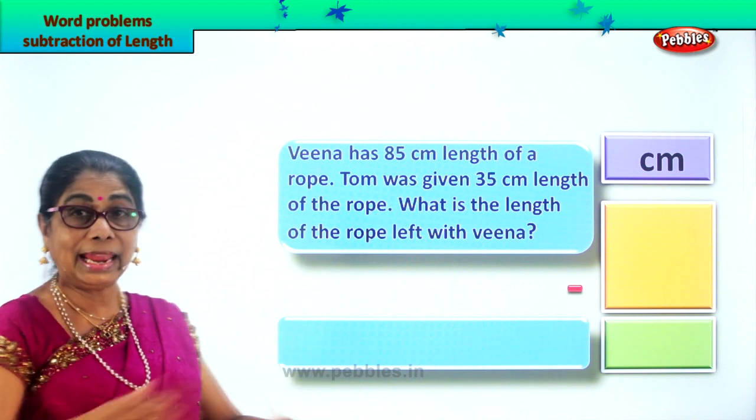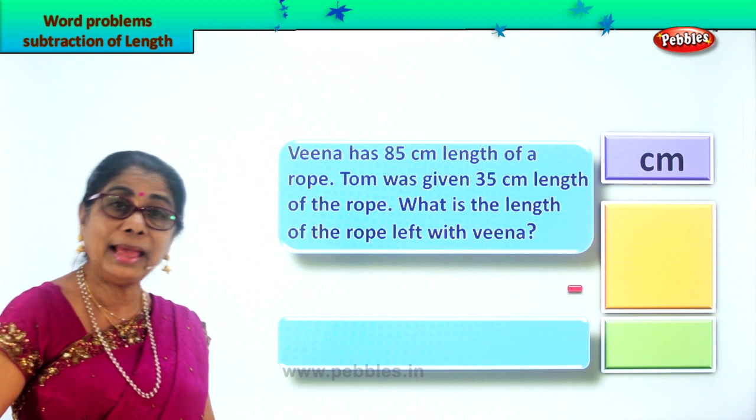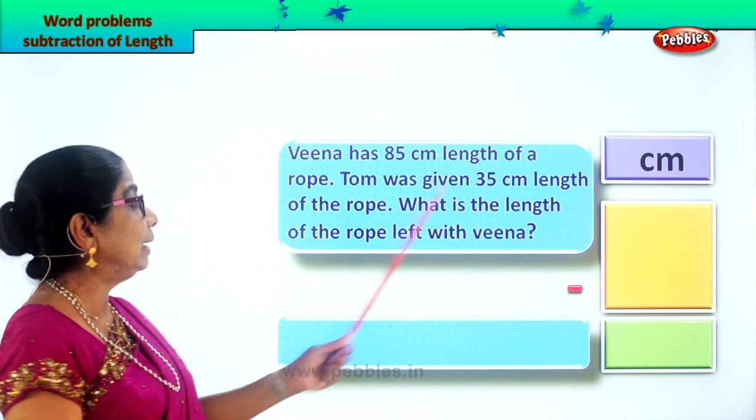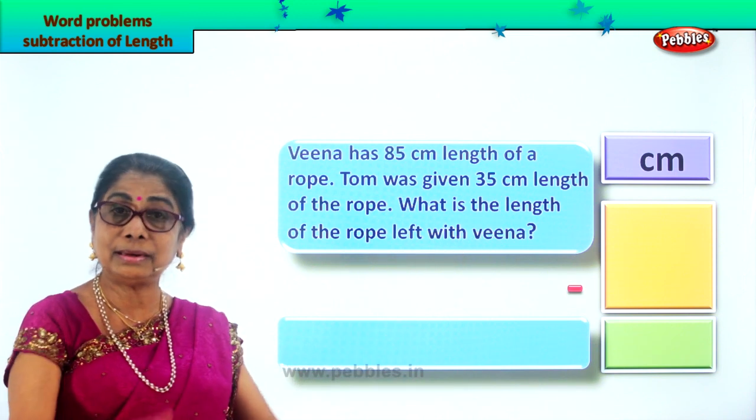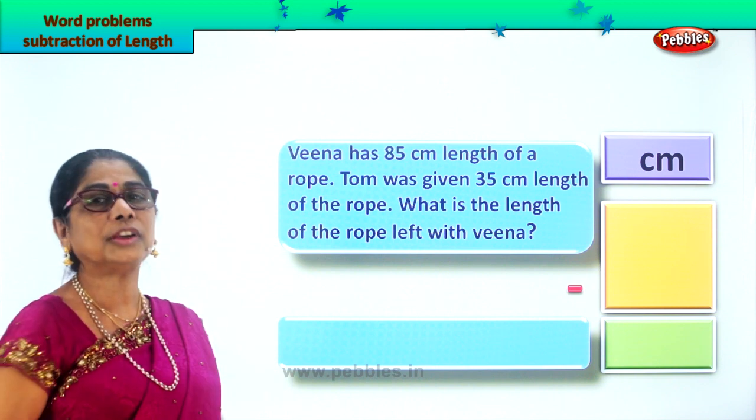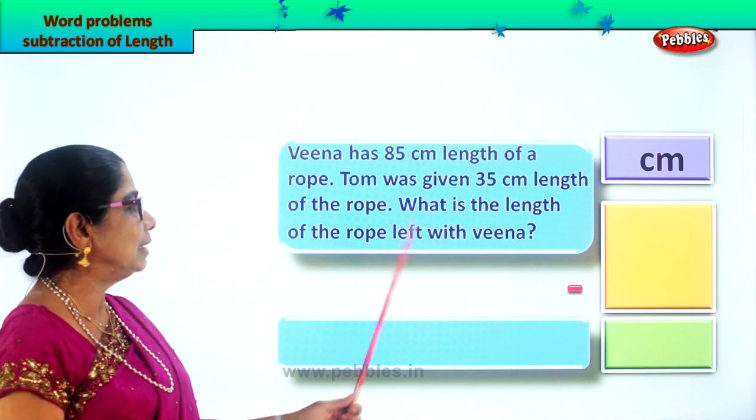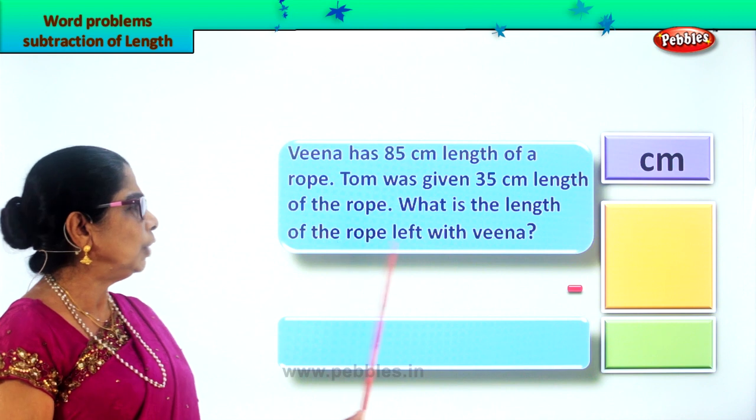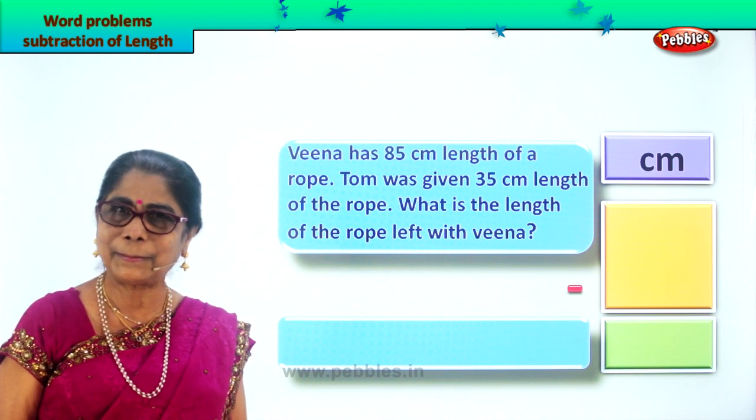So Veena has 85 length of rope and she calls Tom and gives away 35 centimeters. So she cuts off that much. Now the question is, what is the length of the rope left with Veena?